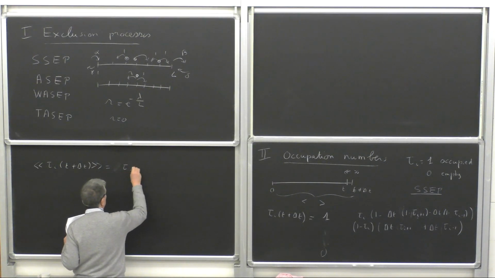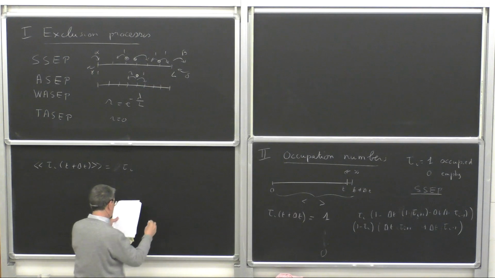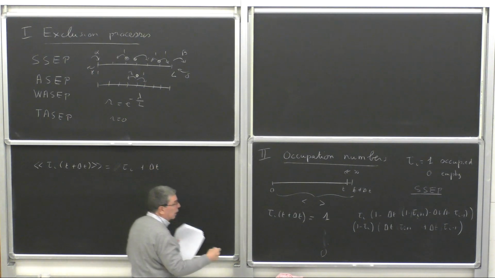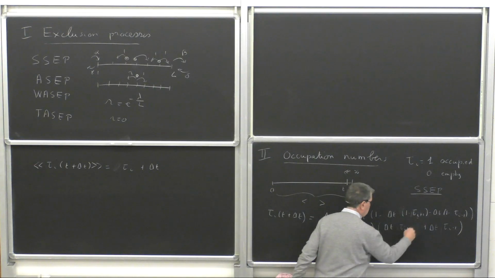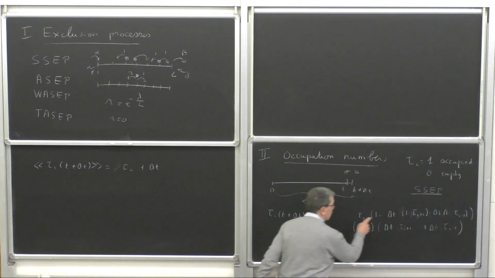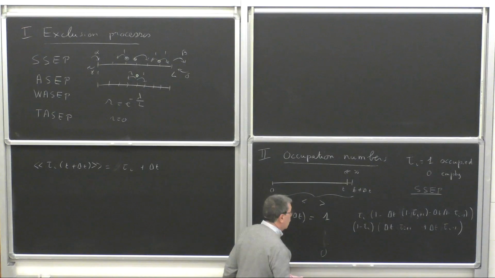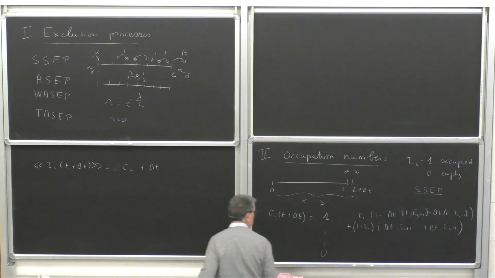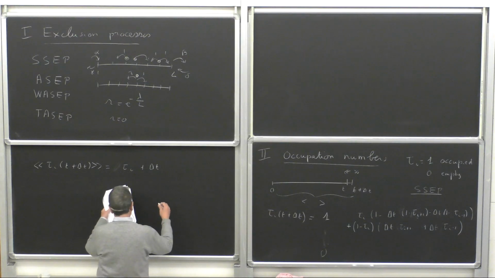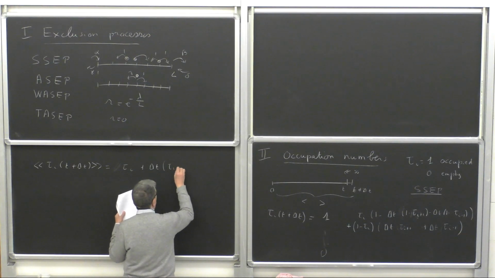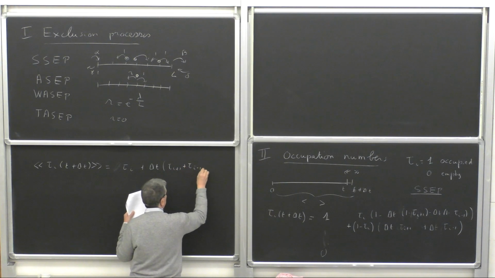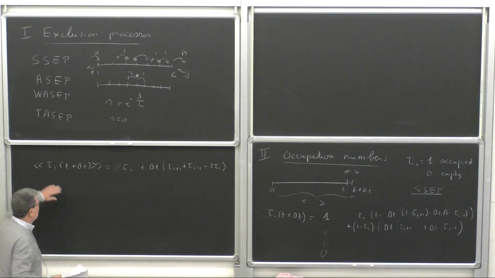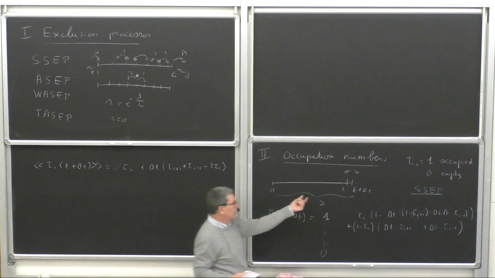Sorry, here, at the moment, I have not done any average, tau i, and then I get plus delta t. Okay, there are some cancellations of the nonlinear terms. If you look at it, you see tau i plus 1, they go. Okay, so there is a plus here. And I get delta t times tau i plus 1 plus tau i minus 1 minus 2 tau i. Okay, so again, this is an average over the very last time interval.